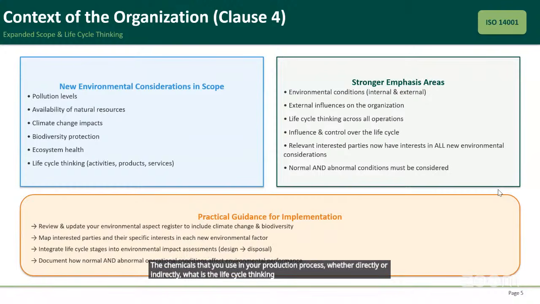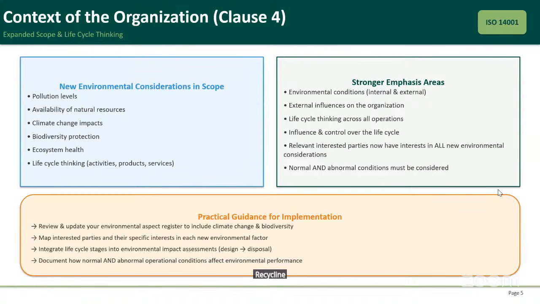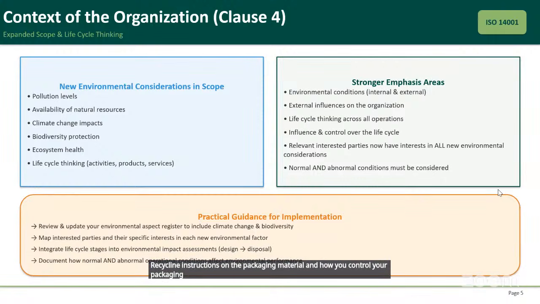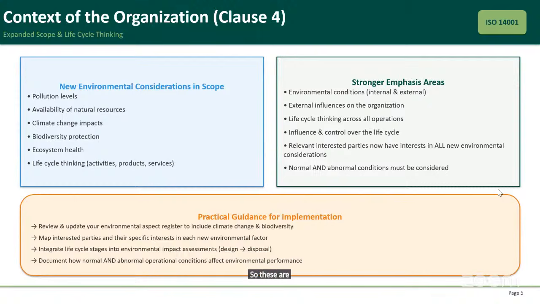Your supplier control, your contractor requirements, sustainable procurement. Does the procurement department include sustainability in their procurement? Recycling instructions on the packaging material and how you control your packaging. So these are various examples.